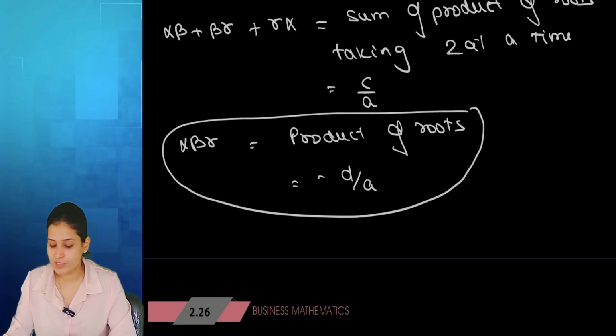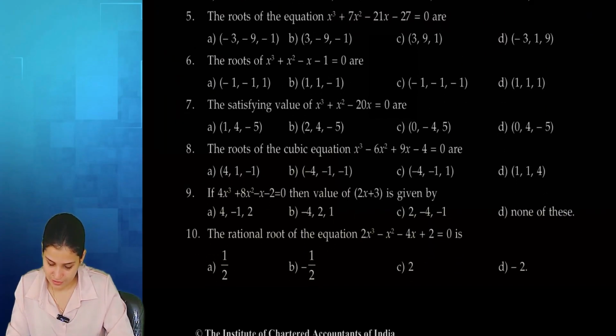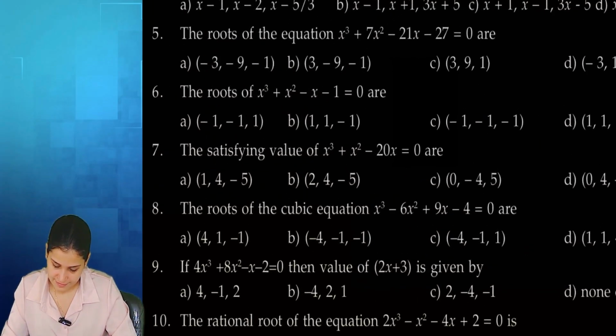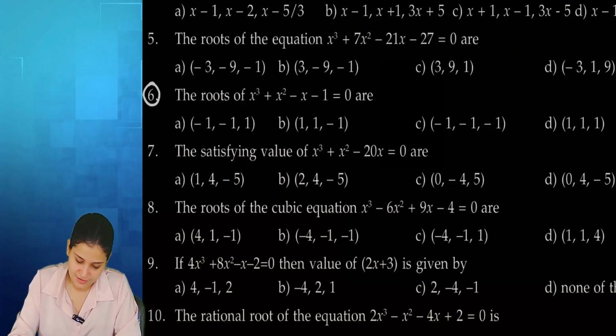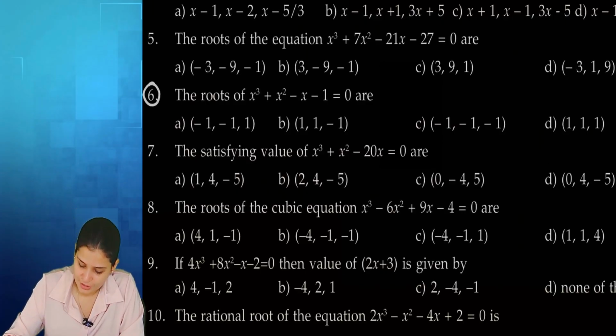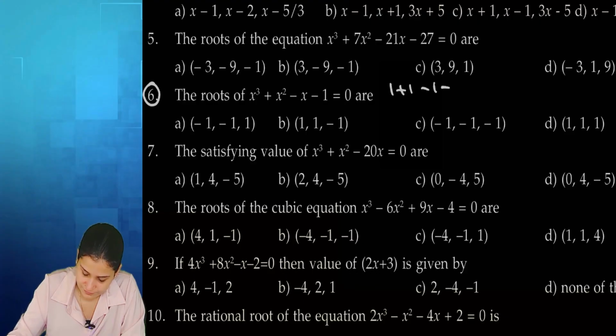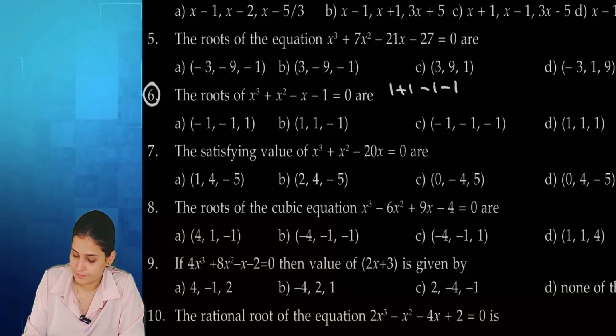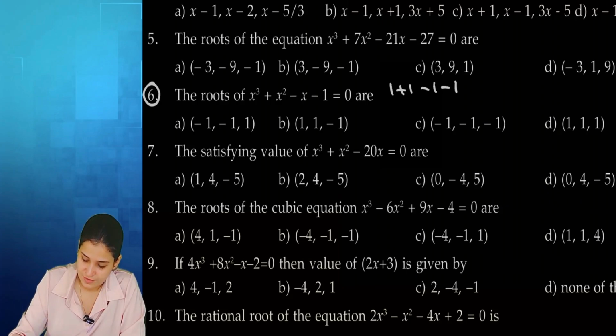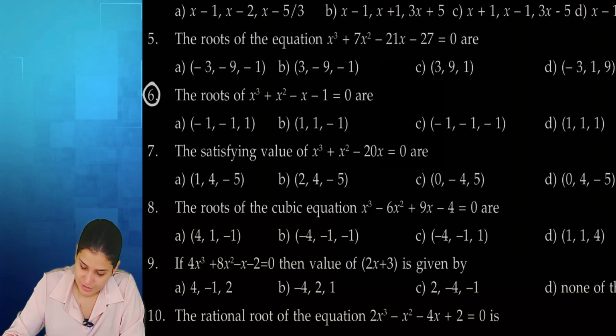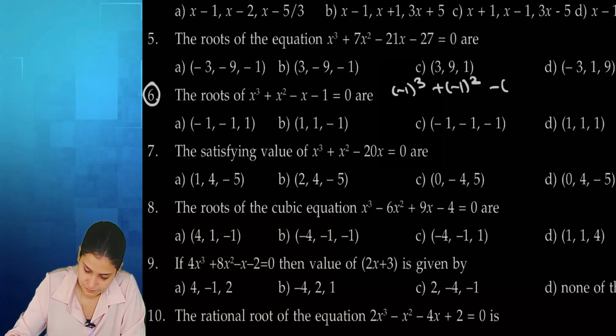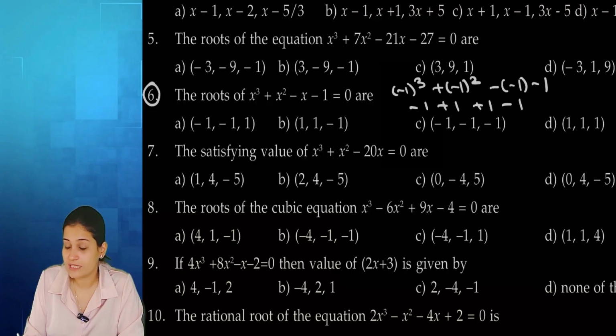Yes. I'll tell you which particular question I am talking about: question 6. If here I put x equal to 1, it satisfies. So 1 is a root. If I take x equal to minus 1, minus 1 plus 1 plus 1 minus 1, minus 1 also satisfies.